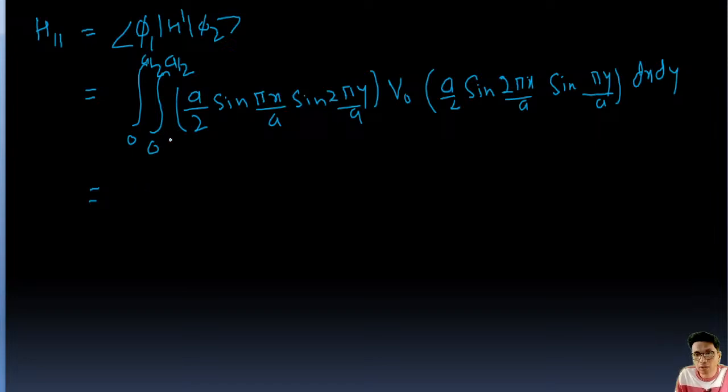Here we need to find phi 1, guys, because we are finding H11 with phi 1. So this is going to be the same, sine pi x upon a and sine pi y upon a. Here we can take V naught a square by 4 common, outside.